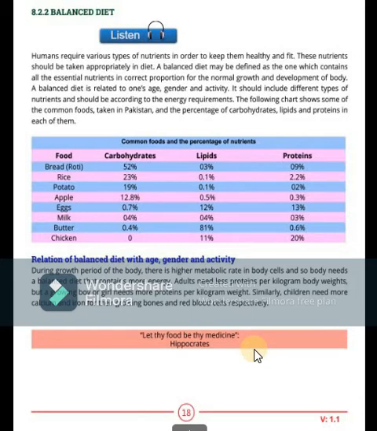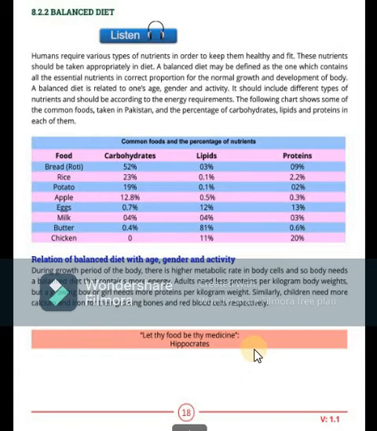Then, what is a balanced diet? A balanced diet means that we are taking all the required minerals and nutrients in the proper quantity, and that is called a balanced diet. And a balanced diet differs with age, gender, and activity. If you are doing a lot of work, moving around, doing some exercises, then obviously you need more nutrients.